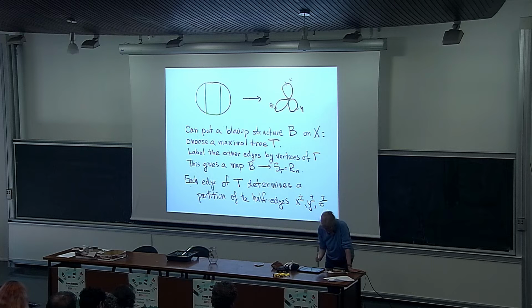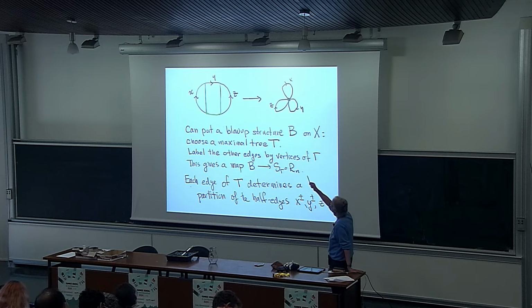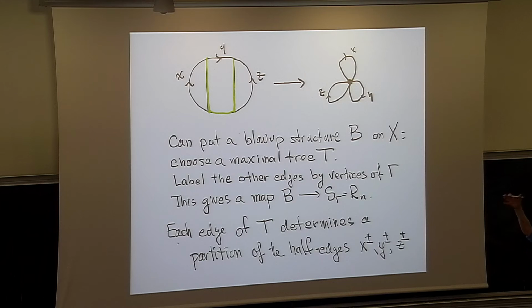Choose a maximal tree, and I want to label the other edges by the vertices of gamma. So I had 3 other vertices, label them X, Y, and Z. And so this gives me a map from my graph to a standard rose. The rose is actually the Salvetti complex for the discrete group. Okay, so given a graph, the kind that I like, I can put this structure on it and get a map to the rose.